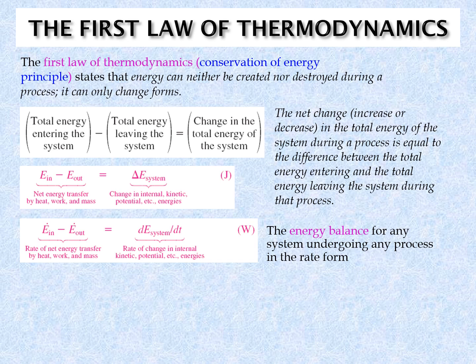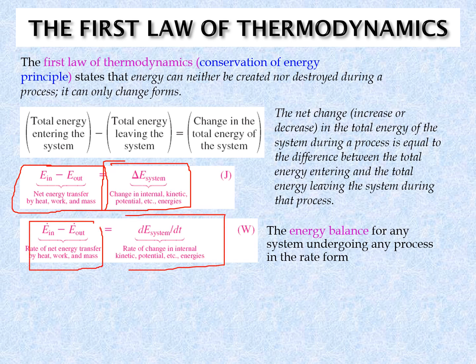Okay, so we can write this equation in energy form, where this is the energy in the system, and this is the change of energy inside the system. Okay, so if we divide it by time, or the time period taken for the process to happen, we can get the energy balance in rate form, something like this.